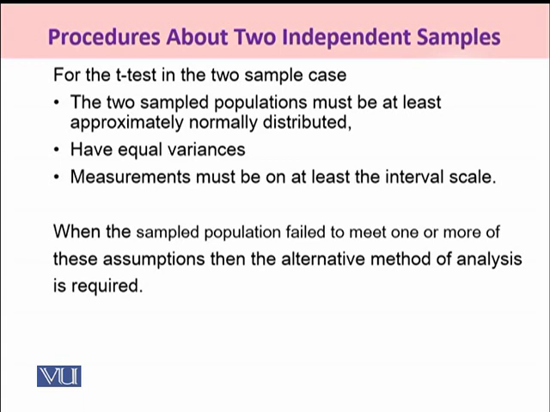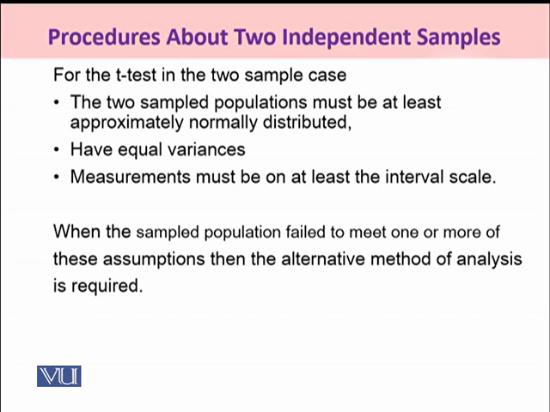Then the next assumption is that both of the populations have equal variances. And lastly, we require that the variables we have drawn from those sampled populations must be measured on at least an interval scale.